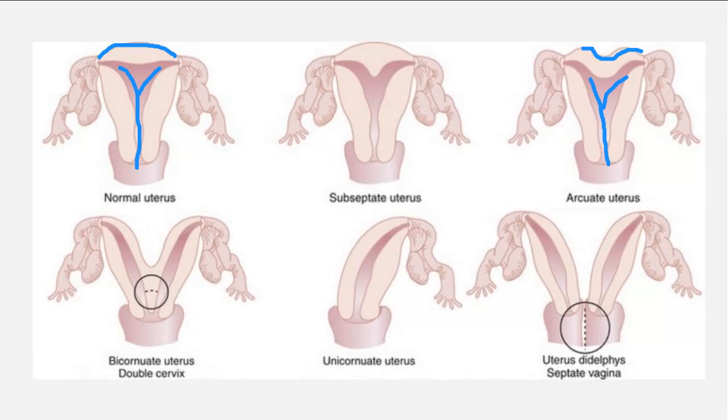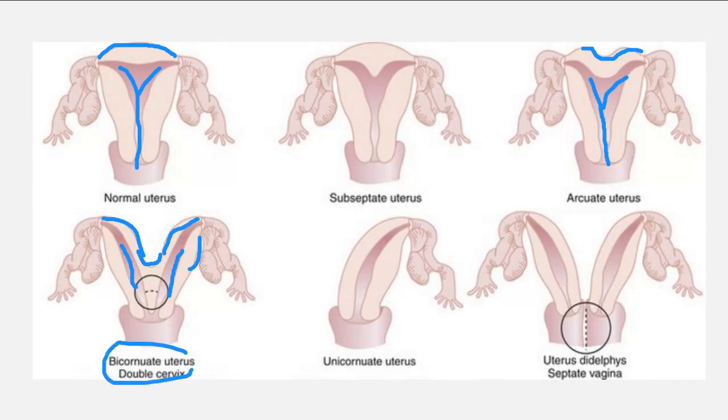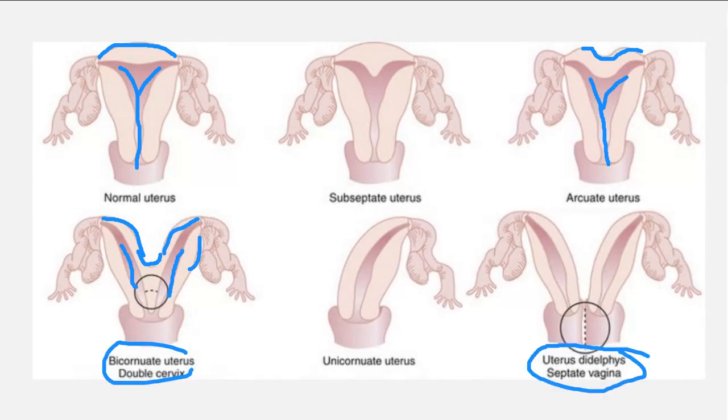Now, bicornuate, this means we have two separate uterine horns, right? So we have that division that's occurring, two separate endometrial cavities. This is how, if you have ever heard of a woman who is pregnant with two babies at two separate times, this is when they have this sort of variation.